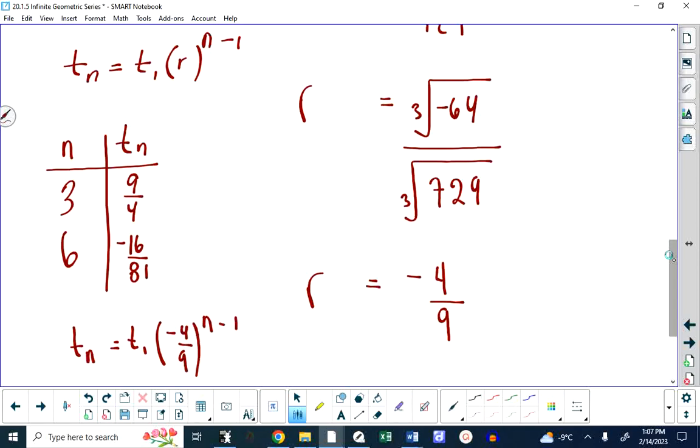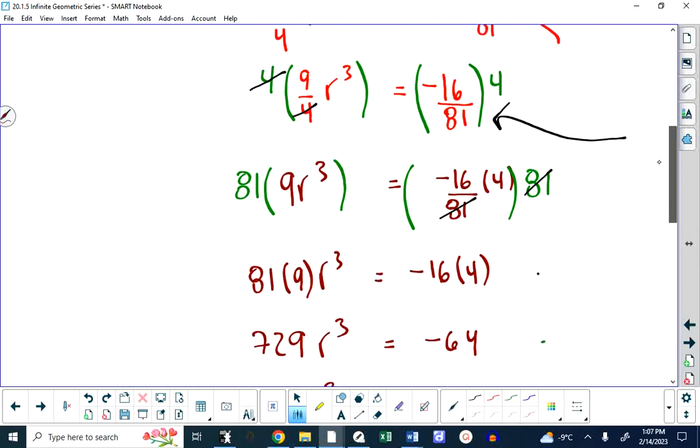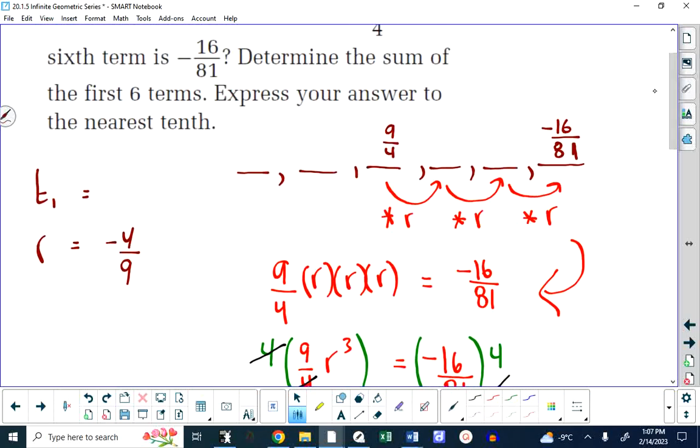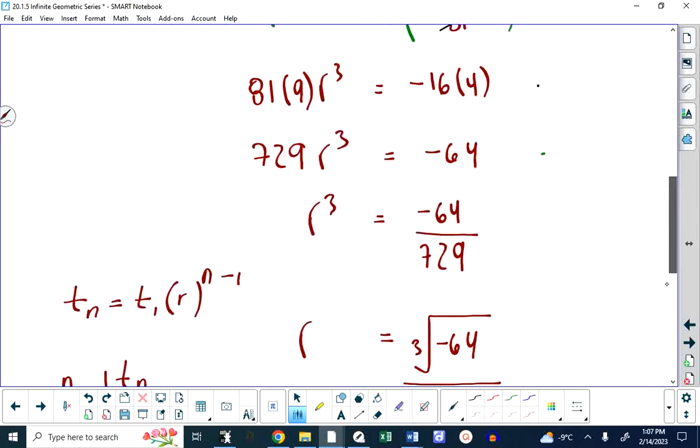And we have, everybody, a missing parameter, right? You don't know T1. I'm aware, and I think you're aware, that we could find the first term by just taking 9 quarters and dividing by the common ratio to get the second, and then dividing that by the common ratio to get the first. But I'm showing you an algebraic method.